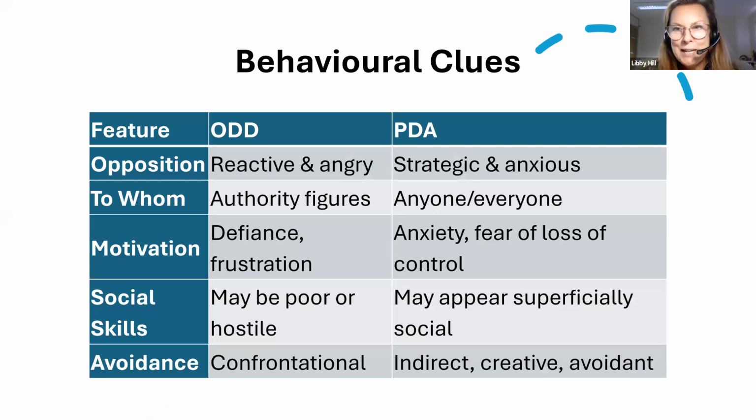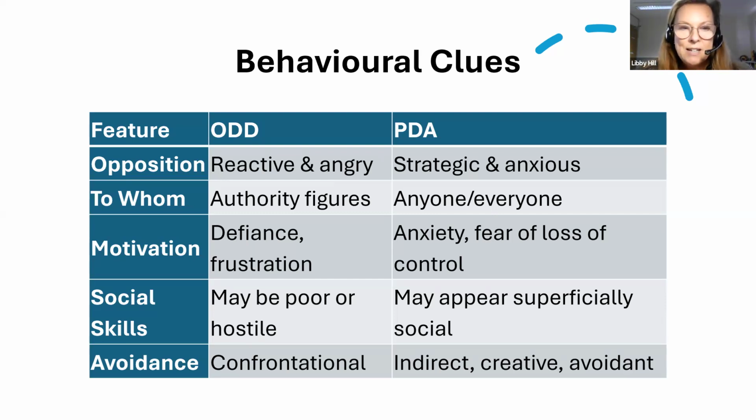So I've just put a little chart together about the behavioral clues that we could look at. There may be opposition in both, but with ODD, it will be reactive and angry. With PDA, strategic and anxious. Who are they like this with? ODD will be authority figures. With PDA, it will be anyone and everyone. What's the motivation?